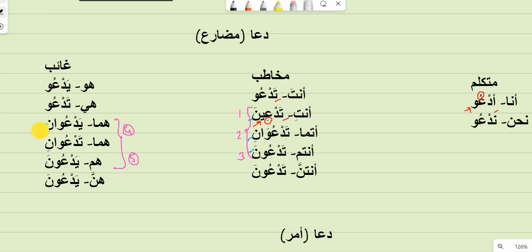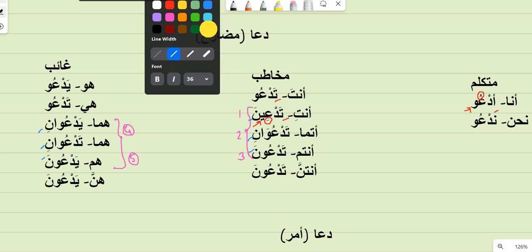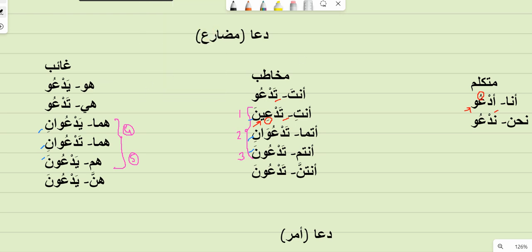These are all noon zaidas. And how many damir mustatirs do we have? Let's count 1, 2, 3 anta, 4 and 5. We have 5 damir mustatirs. So let's see.